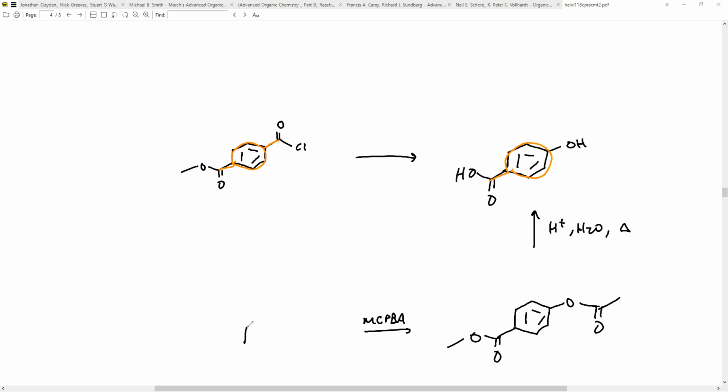This ester was formed by this ketone here, which means that earlier, that regioselective reaction we talked about, (CH3)2CuLi, is actually the key to this reaction. So what's going on here? We are selectively turning the acyl chloride into a ketone, which we then oxidize into the ester via MCPBA. And remember, the more substituted side is the side that typically migrates.